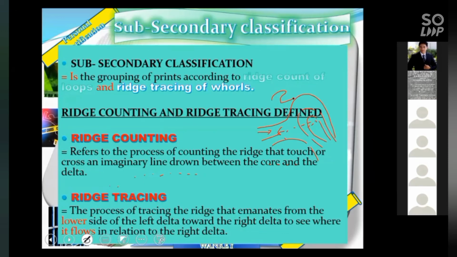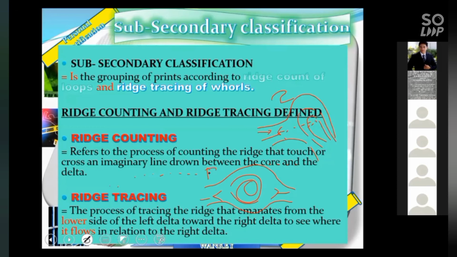Ridge tracing is the process of tracing the ridge that emanates from the lower side of the left delta towards the right delta, to see where it flows in relation to the right delta. So, let me create a whorl.